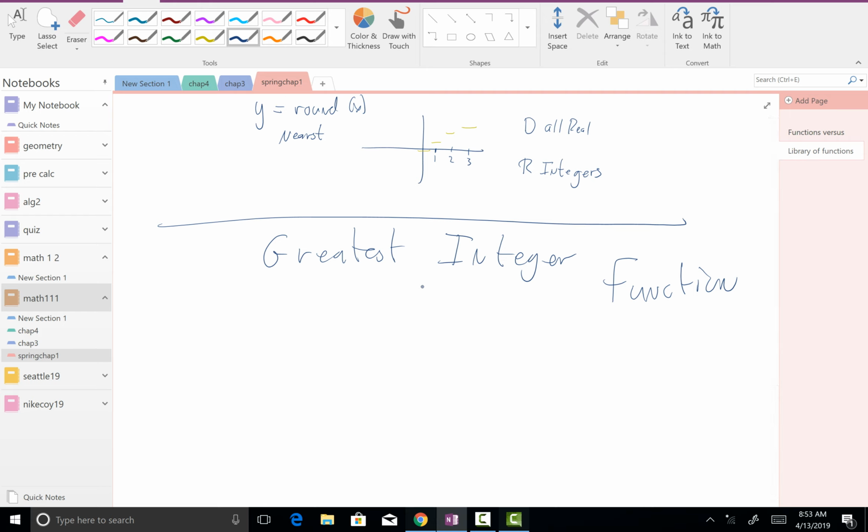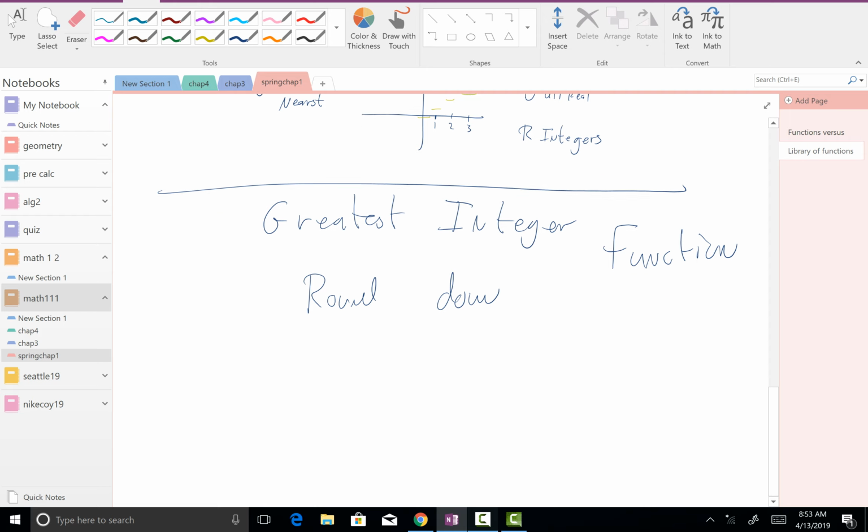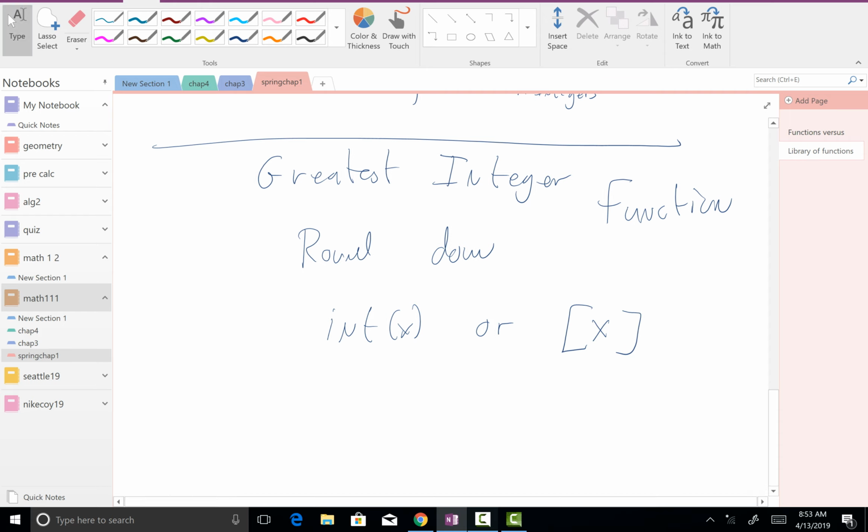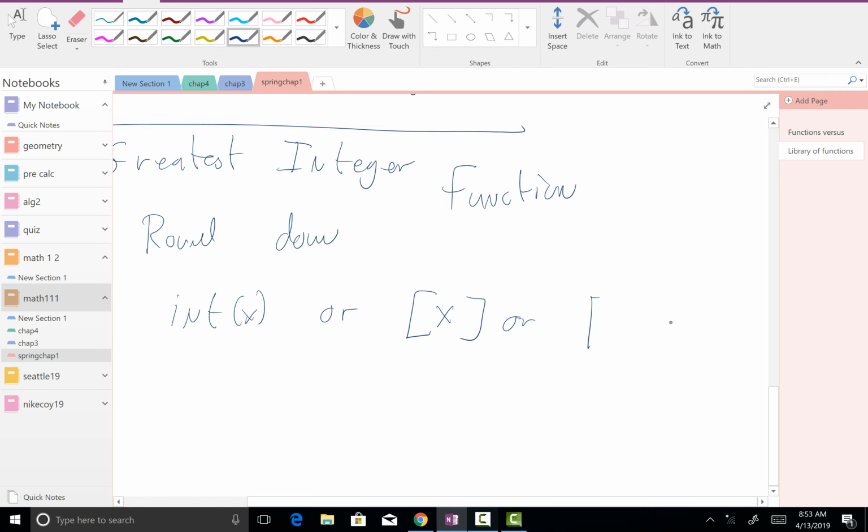Let's see if we can graph this one. I don't think it does it in decimals. So the greatest integer function is going to round down. Okay? It's symbolized by, they sometimes use this, or sometimes use this. I've even seen this sometimes before.